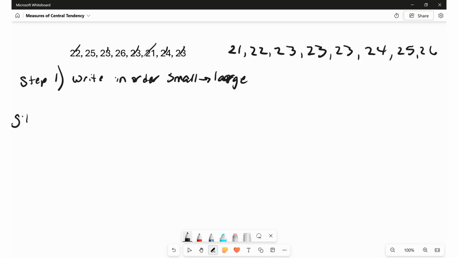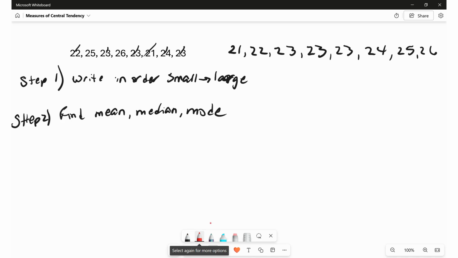Now step 2 is to find the mean, median, and mode. Well, again, median's pretty easy.